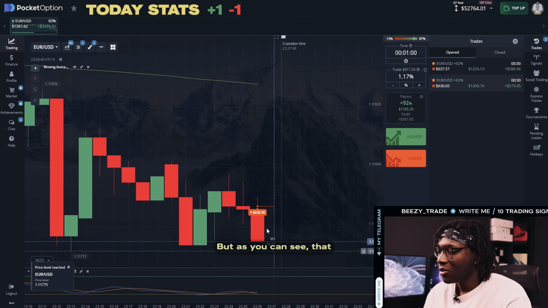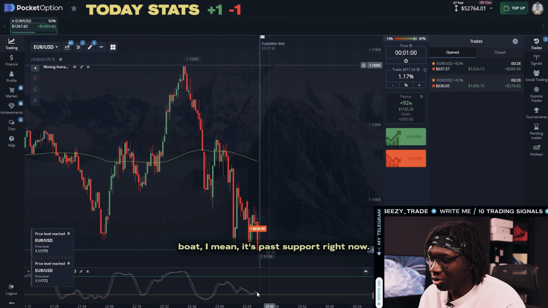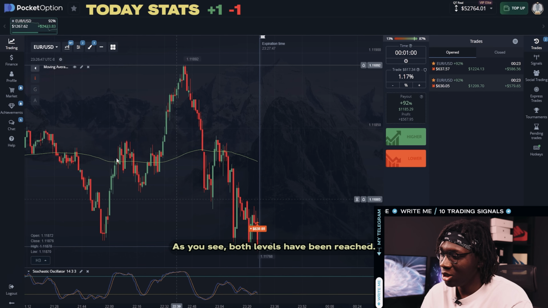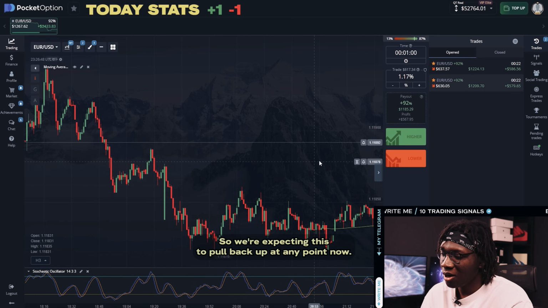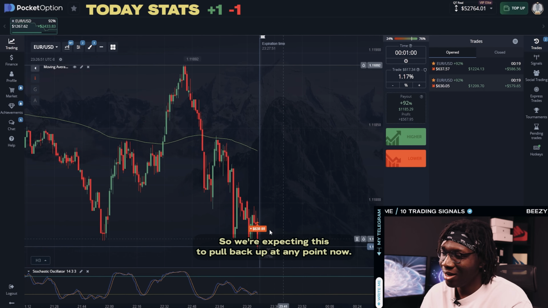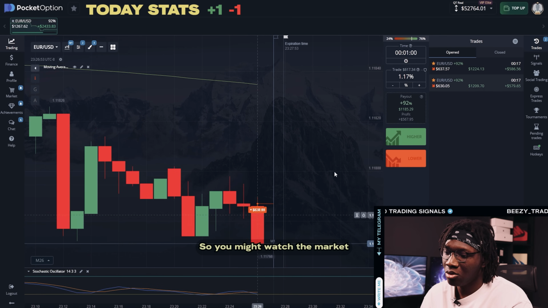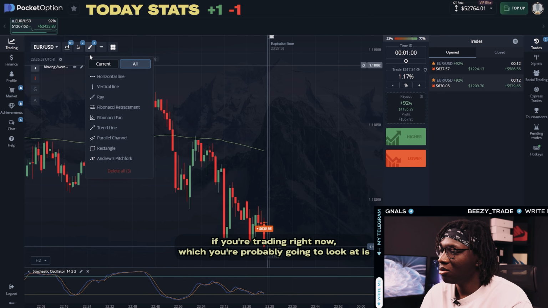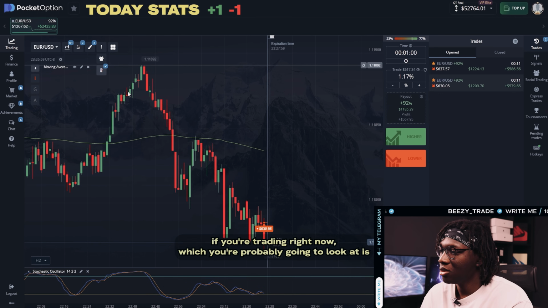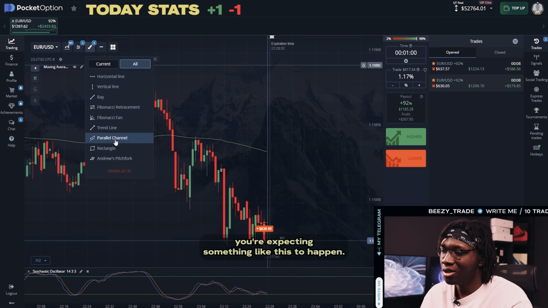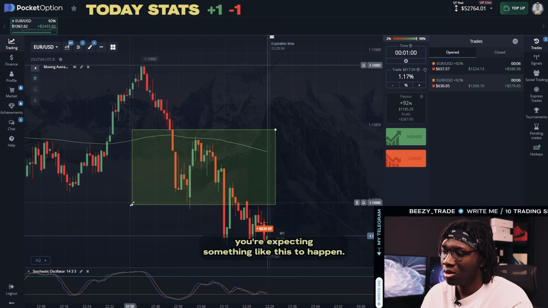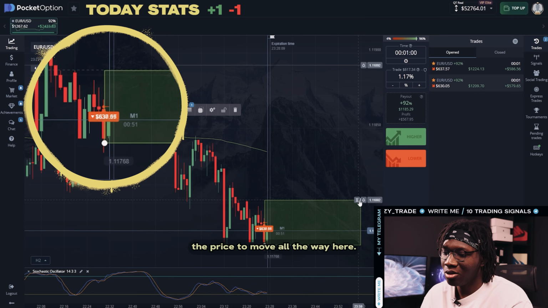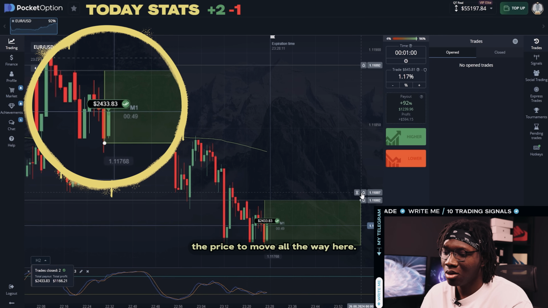But as you can see, it's past support right now. Both levels have been reached, so we're expecting this to pull back up at any point now. If you're trading right now, what you're probably going to look at is you're expecting something like this to happen, and the price to move all the way here.